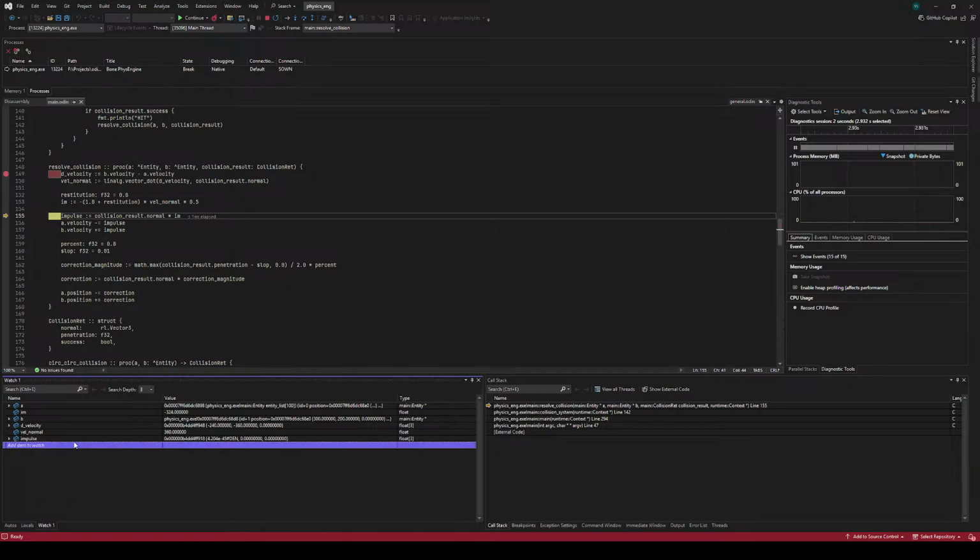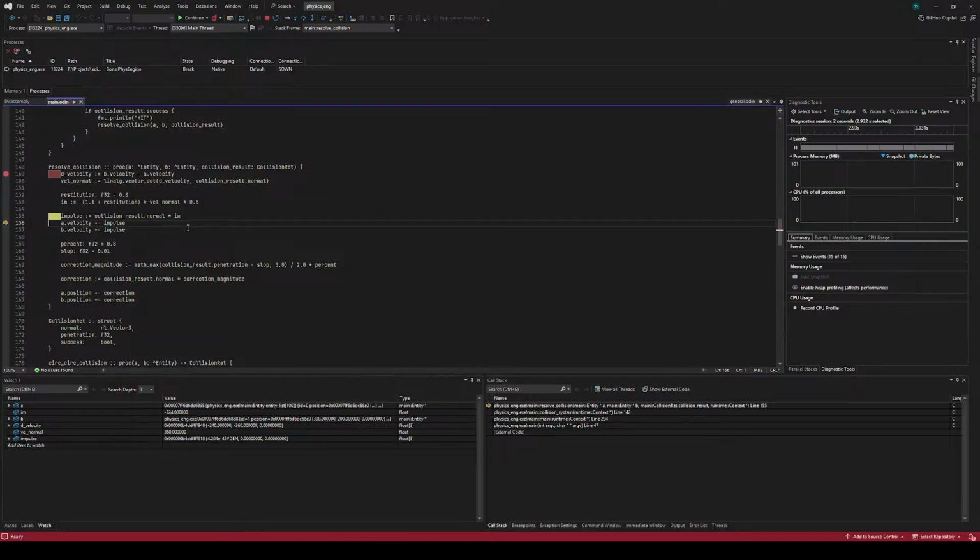Impulse. Because it's not set yet. Okay, so now impulse is like, how is 0 negative? Oh.